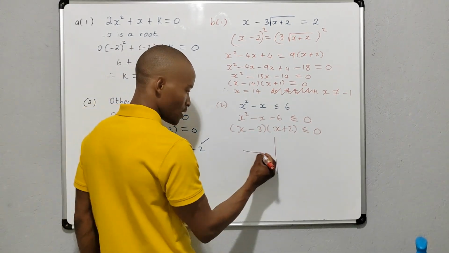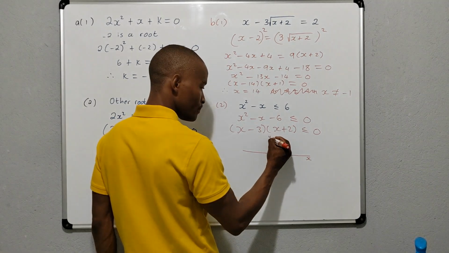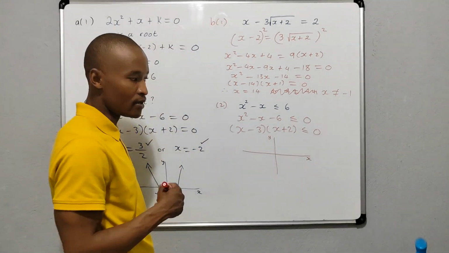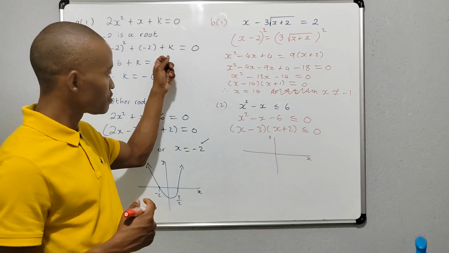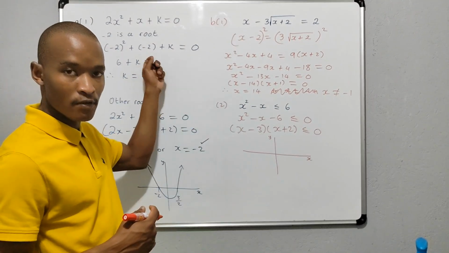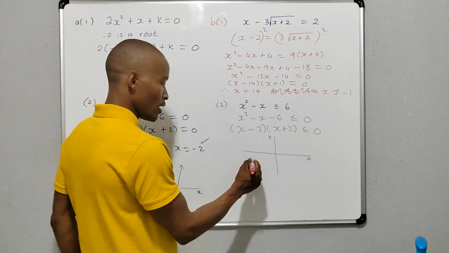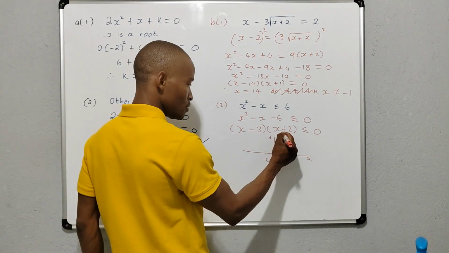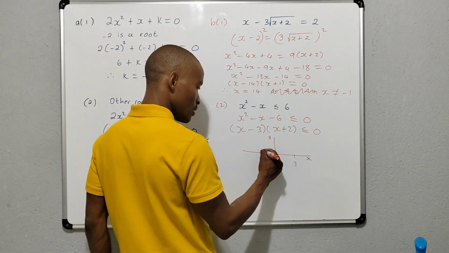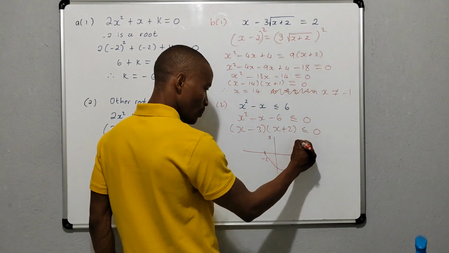So what do we have here? The Cartesian plane. What are the roots or the critical values here? They will be at negative 2 and 3, and it is concave up.